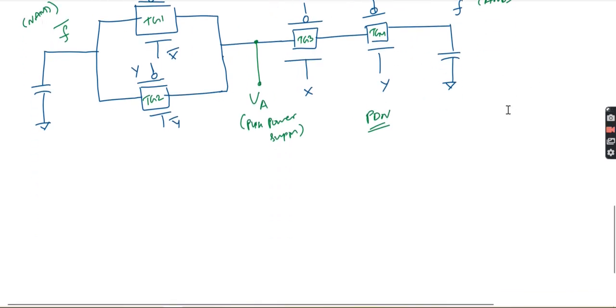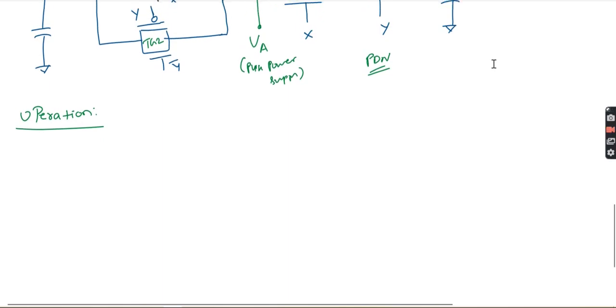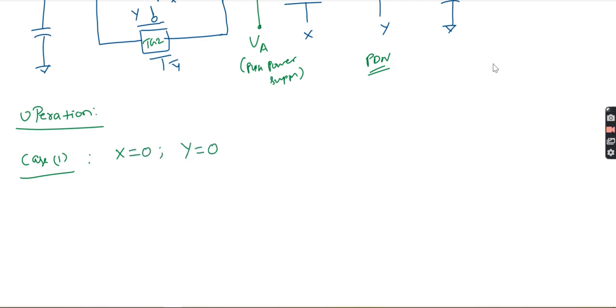So now let us study the operation. Two cases we'll see, for the AND gate as well as the NAND gate. So now case 1, okay, when both inputs are X equal to 0 and Y equal to 0.